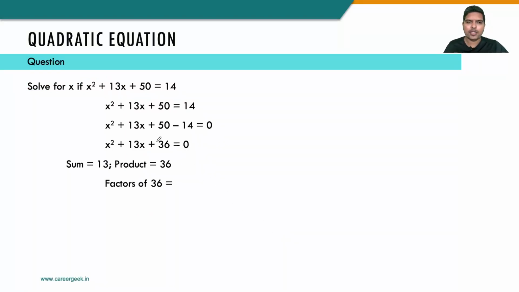So we'll solve a few examples on this. Now solve for x if x square plus 13x plus 50 is equal to 14. Before factoring the quadratic expression, make sure that you bring the expression to this format always.